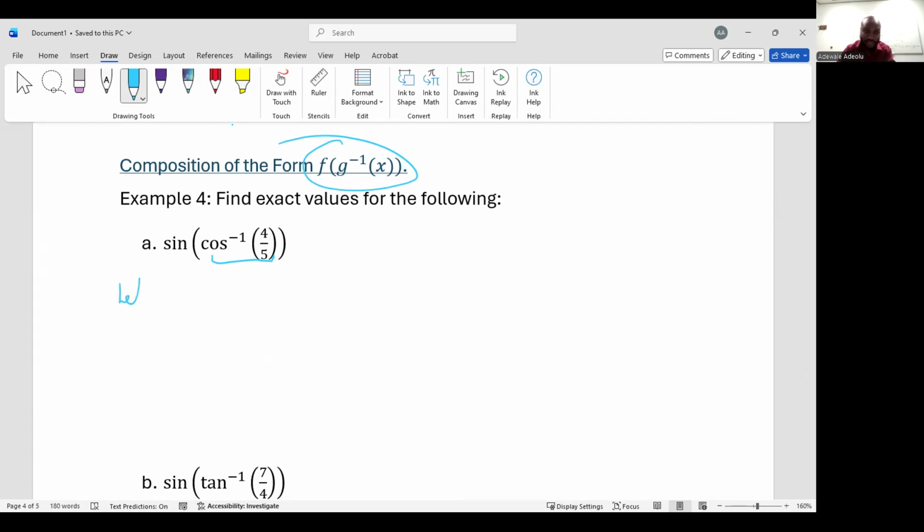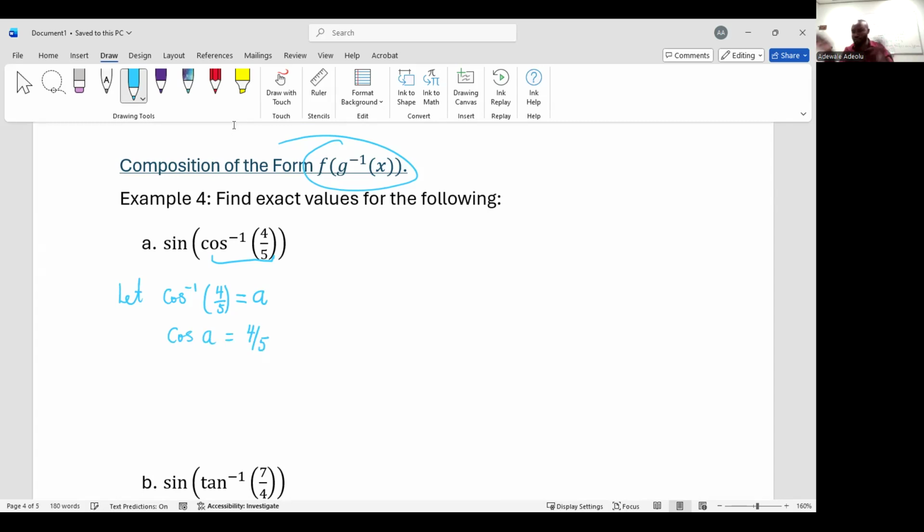Let's say cosine inverse of 4 over 5, I can call it some value A. What does this mean? I need some angle such that the cosine of such angle is 4 over 5.